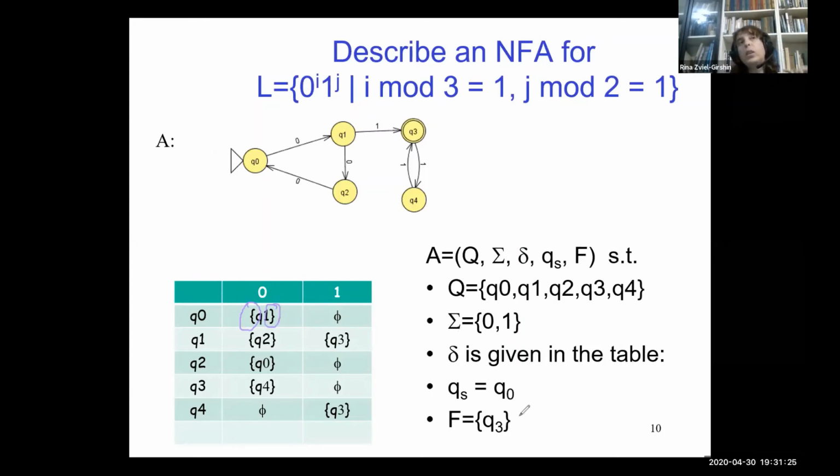Because in a non-deterministic finite automaton, the result of the transition function is a set. Even when I have only one state, I have to write curly brackets. So please add it to the solution we had before. And now I return to our current solution.